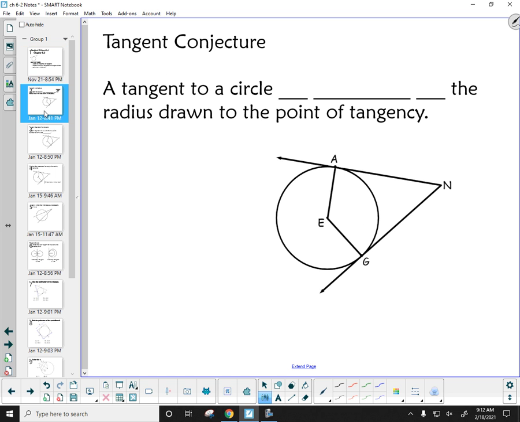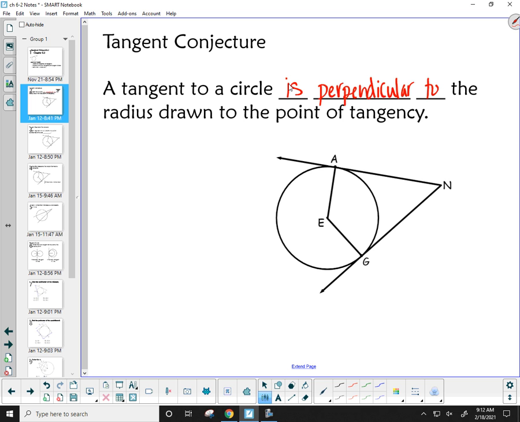So our first property says a tangent to a circle is perpendicular to the radius drawn to the point of tangency.